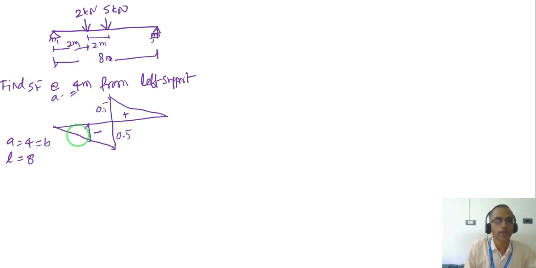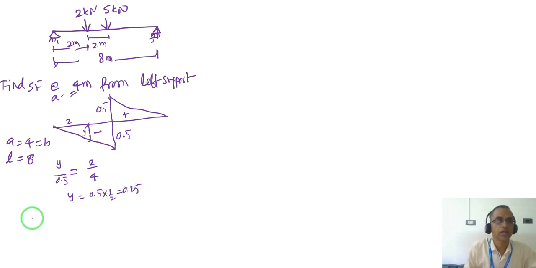So now this is 0.5 and this distance is 2 meter. We need to work out this ordinate, let us say y. So y by 0.5 is equal to 2 by the total distance, which is 4. So y equals 0.5 times half, which is 0.25.